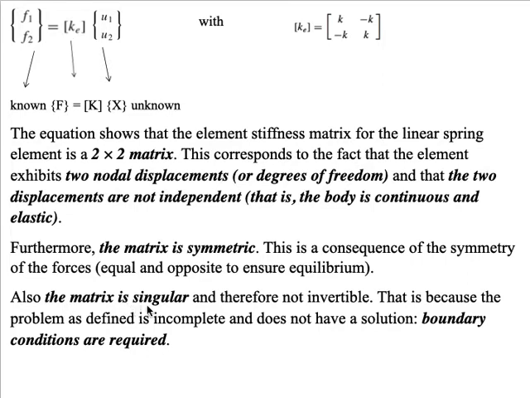Also, the matrix is singular and therefore not invertible. That is because the problem as defined is incomplete and does not have a solution. In that condition, the boundary conditions are required.